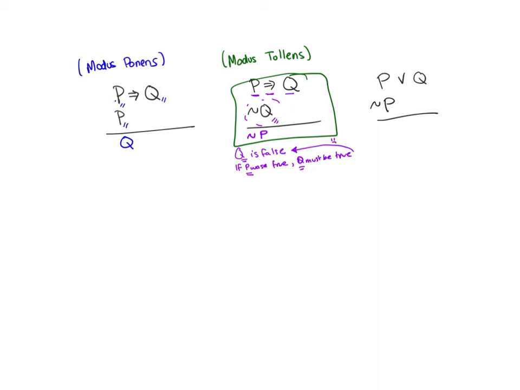The last of our named statements is the following. If I know that either P or Q is true, and I know it's not P, well then it must be Q. That's called elimination. We have this situation where one of 2 things must be true. It's either P or Q, and it's not P, therefore it has to be Q. So that's the elimination one.